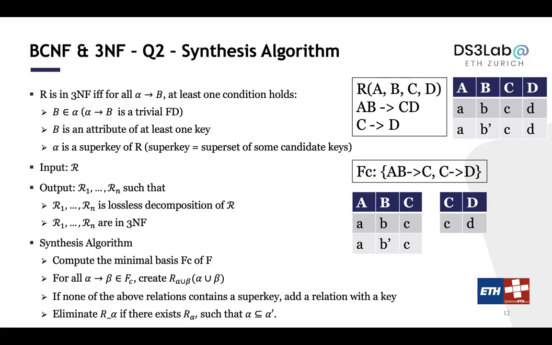Yeah, so I think we have one question. Go ahead. I'm not sure if I understand what it means to add a relation with a key? For example, I could imagine an ID field, but what else is in the relation?